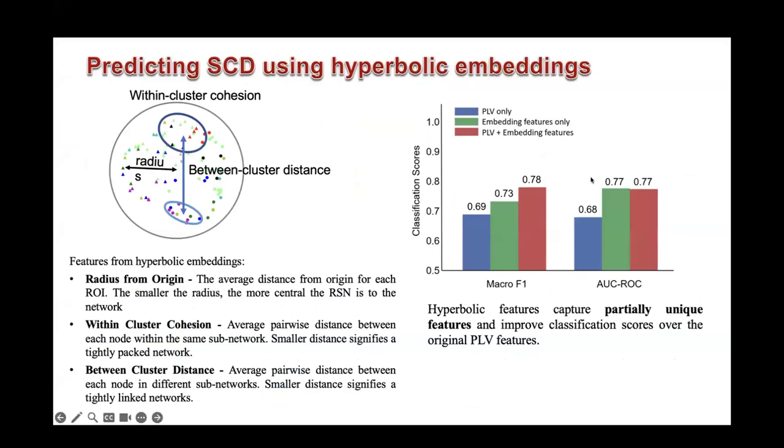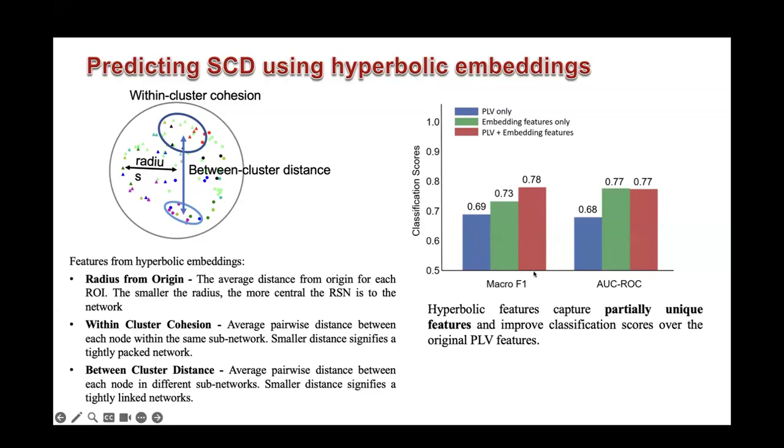We also studied this because you might ask: the brain network is not a large-scale graph, so why not just compute based on the original adjacency matrix, which is a small matrix? In this histogram, the blue bars show the classification result based on the original adjacency matrix features.